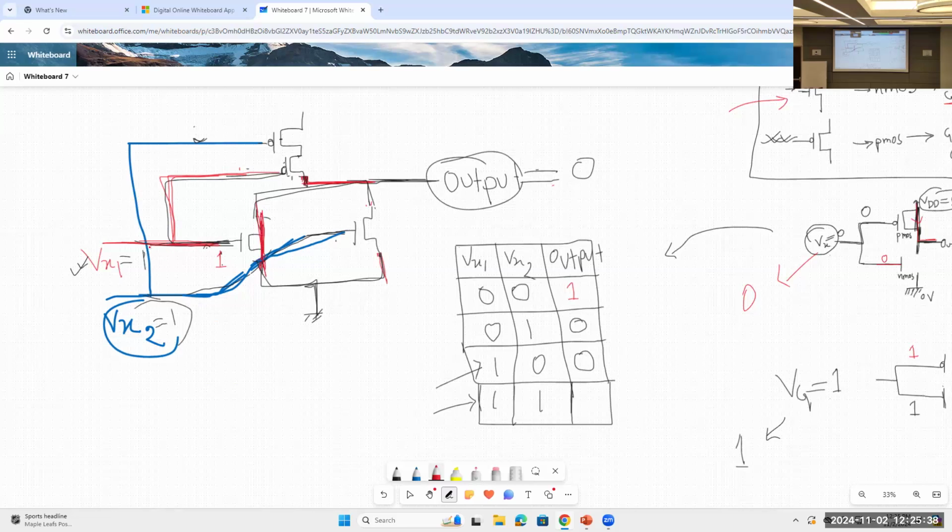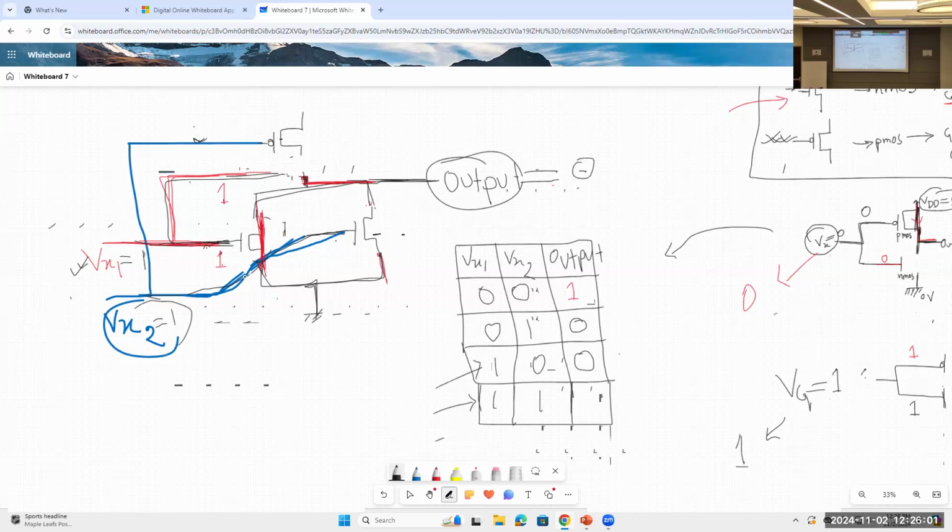And this same Vx1 is also going to the above PMOS, and the PMOS is also getting 1 as an input, so it will be turned off. So there is no connection here. Okay, and let's move to Vx2.